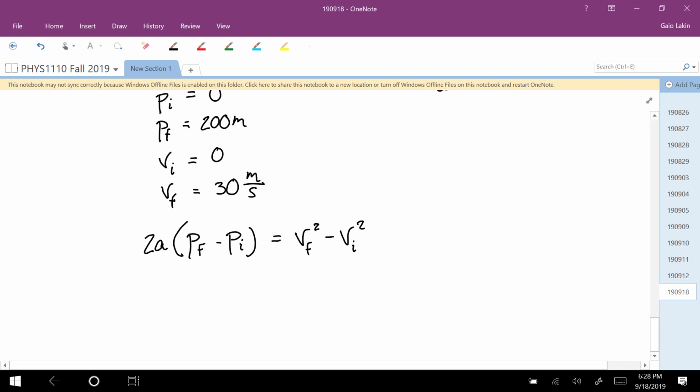Okay, so we'll plug in what we know. So we have 2 times A times the quantity 200 meters minus 0, is equal to the square of V final. V final is 30 meters per second. We're squaring that. And then minus V initial squared.